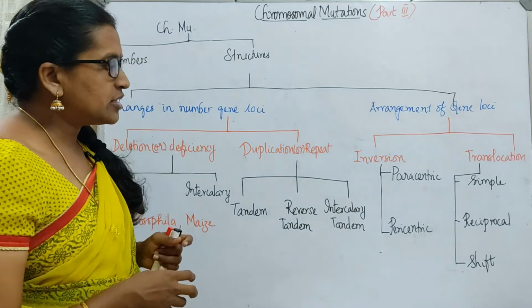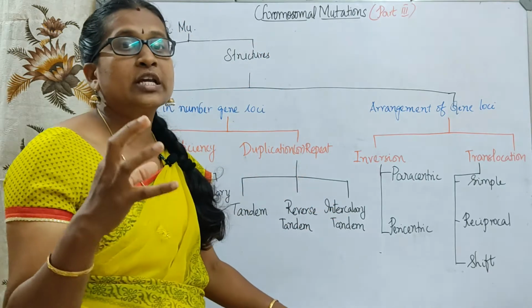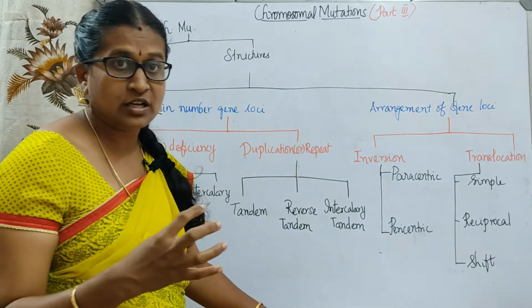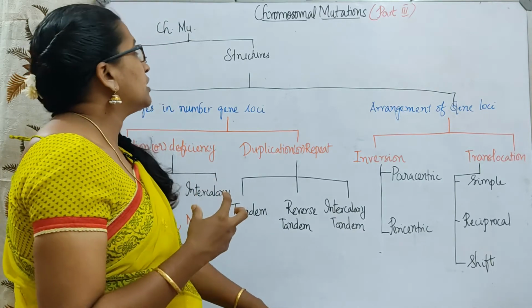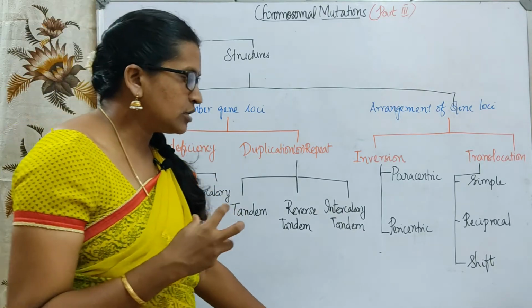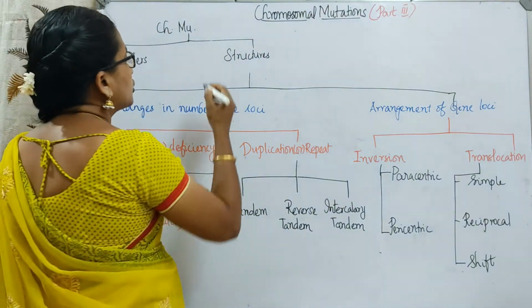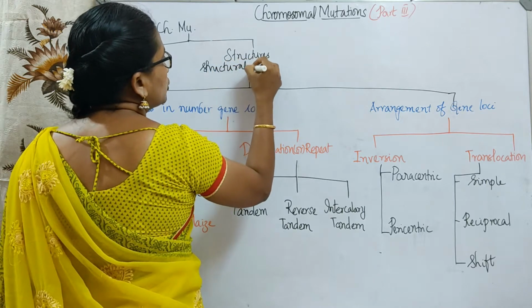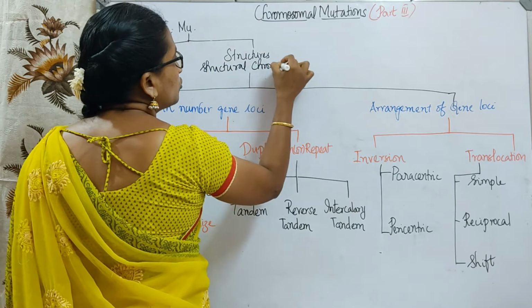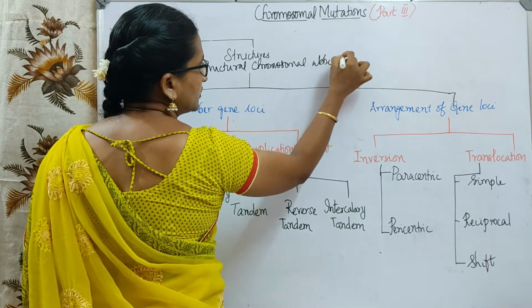That means when a mutation is created in the structure of the chromosomes, that is, in the locations of the chromosomes itself, we call it a chromosomal structural mutation, which is called a structural chromosomal aberration. What causes these structural chromosomal aberrations?